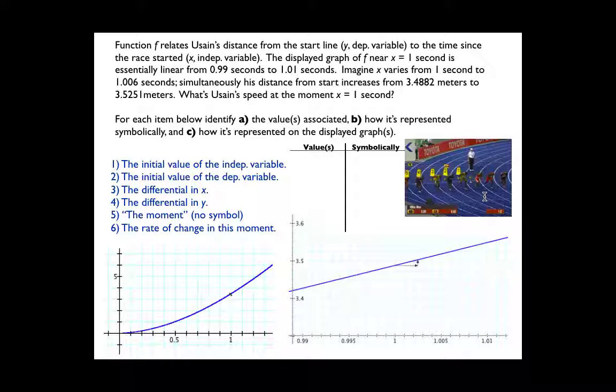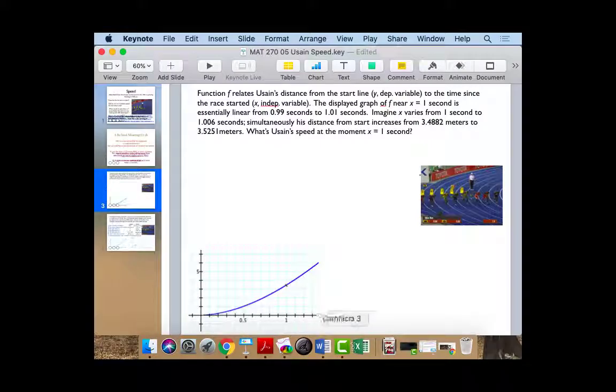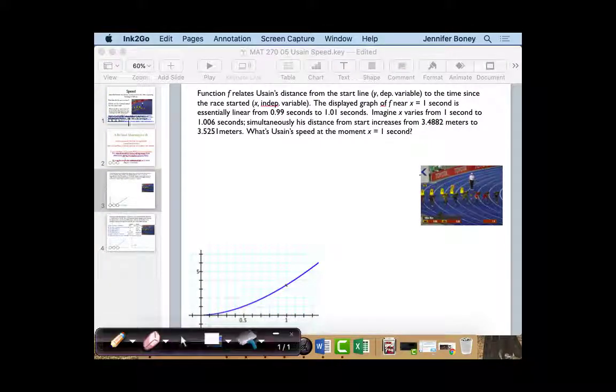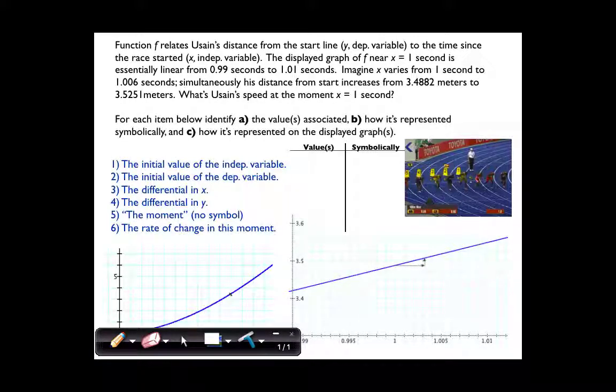So let's go back and think about, and let me get my writing thing back on, so I moved it out of the way. Let's go back and think about symbols and values also in this case. So thinking about initial value of the independent and dependent variables, the differentials in x and y, the moment, it's not a symbol for that, but we're going to list out the values of these also, and the rate of change in this moment.